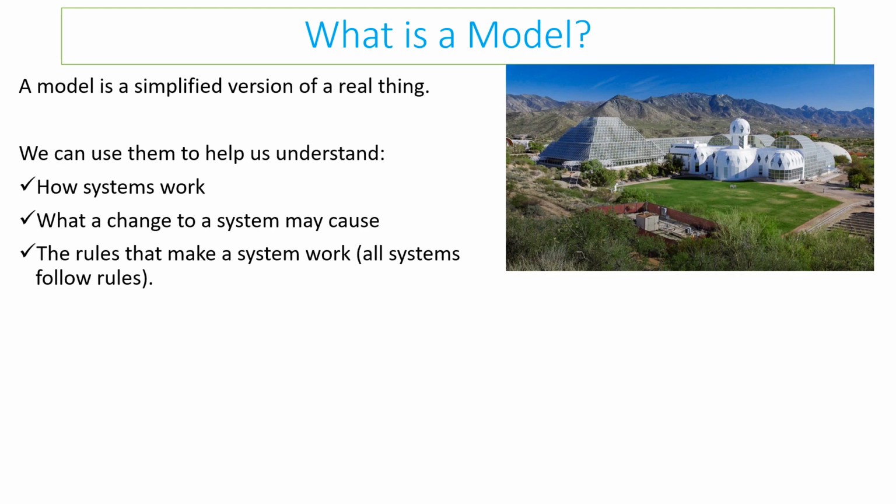And the image here is Biosphere 2, which was a model of the Earth, and it had several biomes, so a desert area, an ocean area, a mountain area, and all those different areas were interlinked together to study how the Earth could survive and see where we could create an artificial closed system. And it helped us understand the Earth in many ways, as we'll look at now.